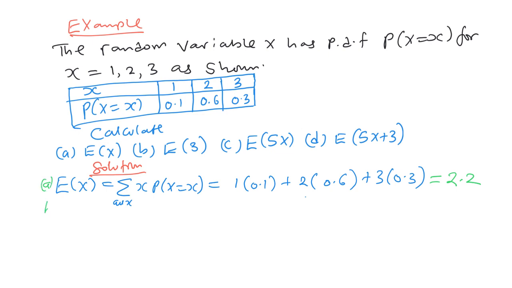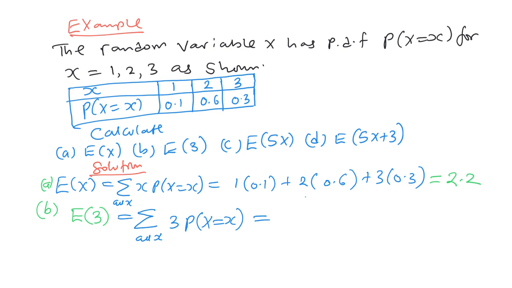What about part B? The expectation of 3. What do we do? To get the expectation of 3, we sum for all x's 3 times the probabilities. That's the definition. Where there is x, now there is 3.